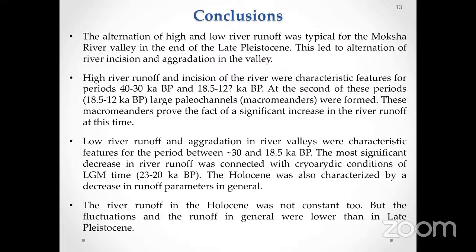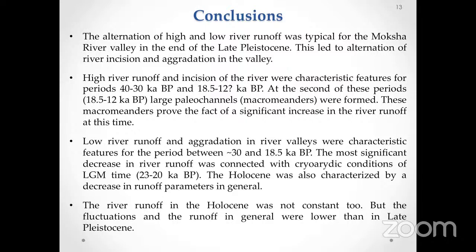Summarizing all the data, we can conclude the following. The alternation of high and low river runoff was typical for the Moksha River Valley at the end of the late Pleistocene. This led to alternation of river incision and aggradation in the valley.